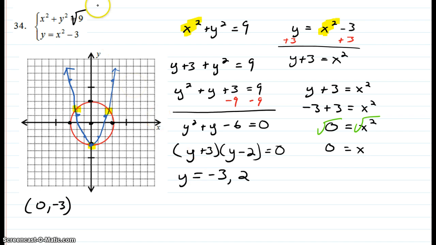And then now we'll do that again, but we'll plug 2 in. So it'll be 2 plus 3 equals x squared. So I get 5 equals x squared. And we'll get rid of that by square rooting both sides.